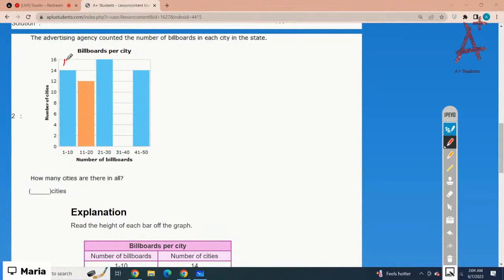You can see here you have 14 cities with 1 to 10 billboards. Then in 11 to 20 you have 12 cities. 21 to 30 you have 16 cities. Here you have 0 cities, and here you have 14 cities. So for the total you have to add up these numbers. It would be 14, 12, 16, 14, which makes 56.